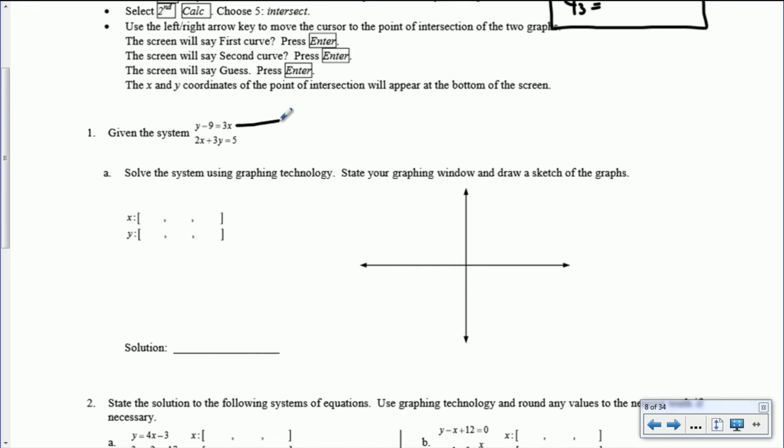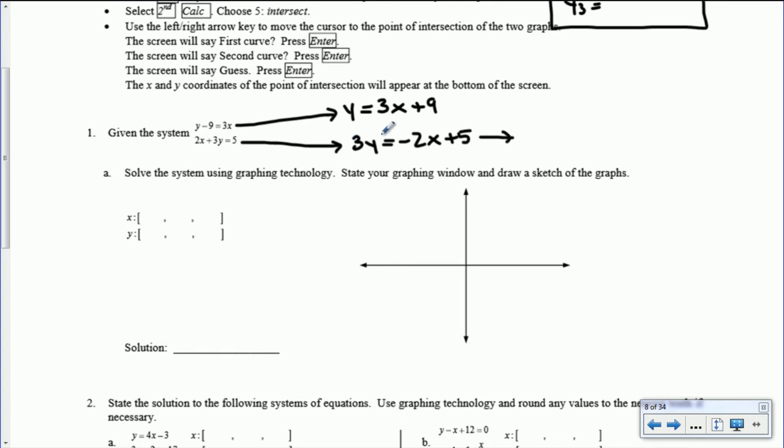So this one, we need to get it in a form y equals something, so we should get rid of this 9. So simply just need to add 9 to both sides, so y equals 3x plus 9. And then for this one, again I need y on its own, so I can start with 3y equals negative 2x plus 5, so I just subtracted 2x from both sides.